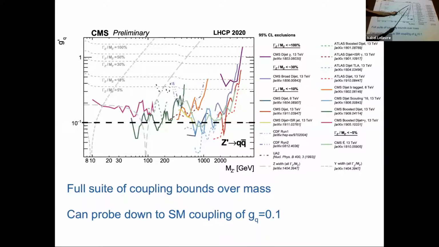Basically, these are all the different analyses. And you can see from here all the way down to about 40, 50 GeV, we're able to get to 0.1. And then we can go a little bit higher just with this photon measurement, all the way down to 10. And the hope is to get down to 10 because that's where all the other channels turn on.